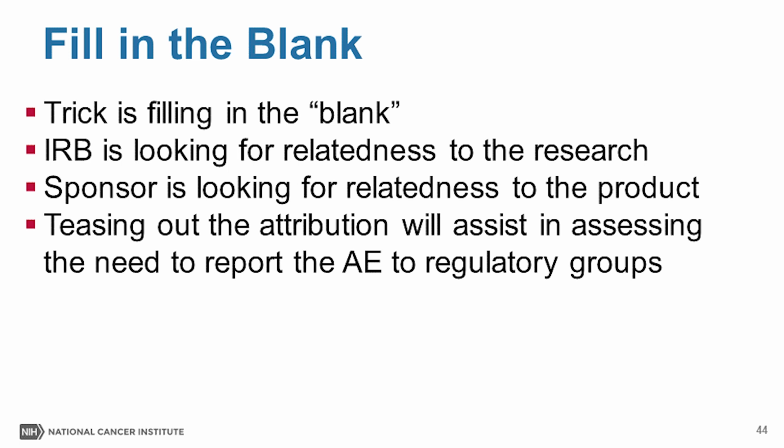The IRB is looking at the relatedness to the research, so all components of the research, whereas the sponsor is often really looking for the relatedness to the product. So teasing this out is extremely important.